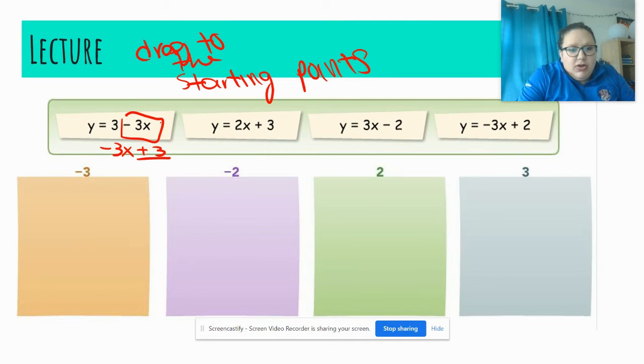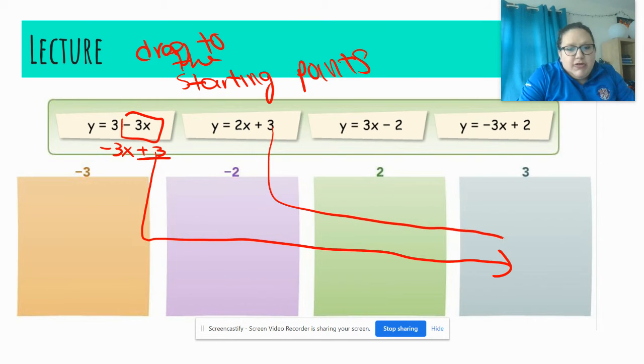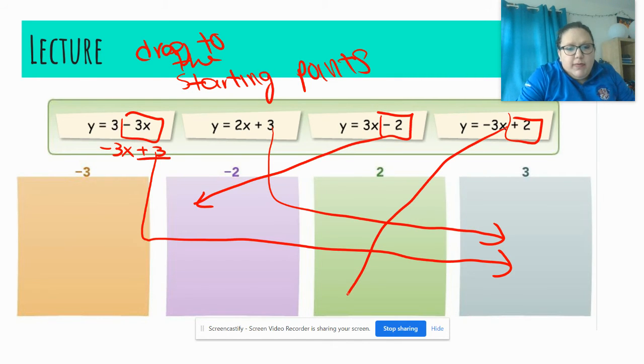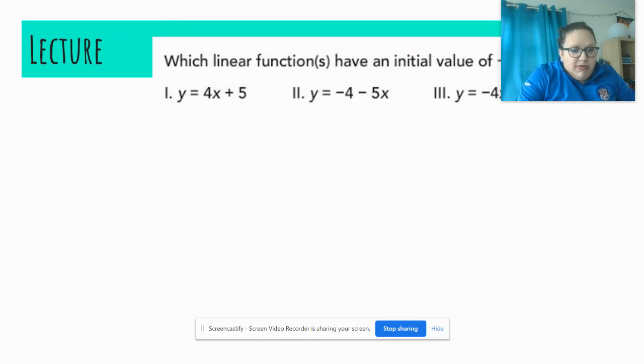So actually, let's just drag it over to our 3 column, because that has a y-intercept of 3. This has a y-intercept of 3. This would have a y-intercept of -2. And this has a y-intercept of plus 2. Oh, the poor -3 is lonely. There is none there. Sad. Okay, so just a little warm-up exercise.